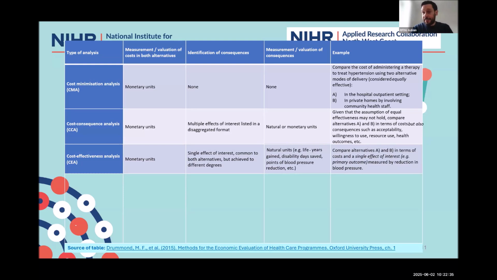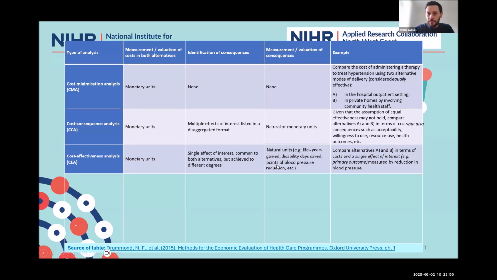So a very relevant outcome here will be the blood pressure of these patients. So whether the two interventions manage to reduce blood pressure in these patients, and whether they differ in the reduction in blood pressure. So the single effect of interest is typically measured in natural units.